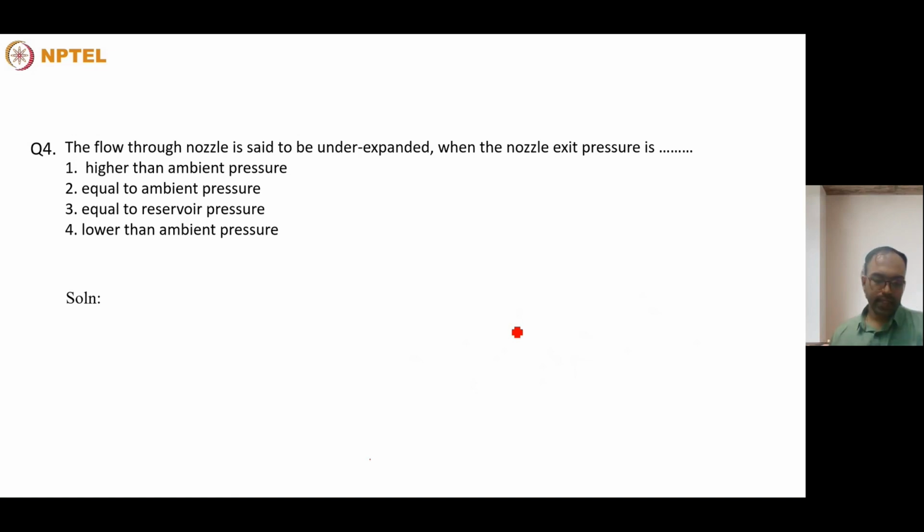So the correct answer is, when the nozzle exit pressure is higher than the ambient pressure, the flow through the nozzle is said to be underexpanded.